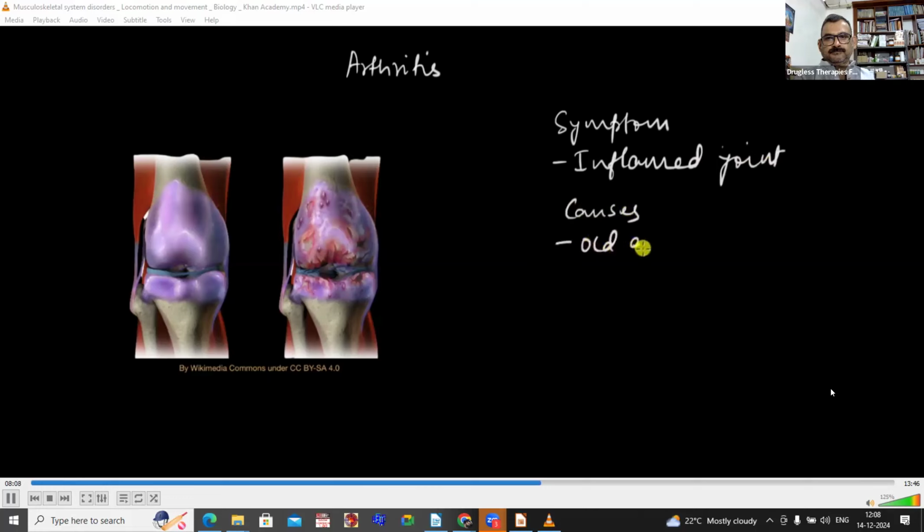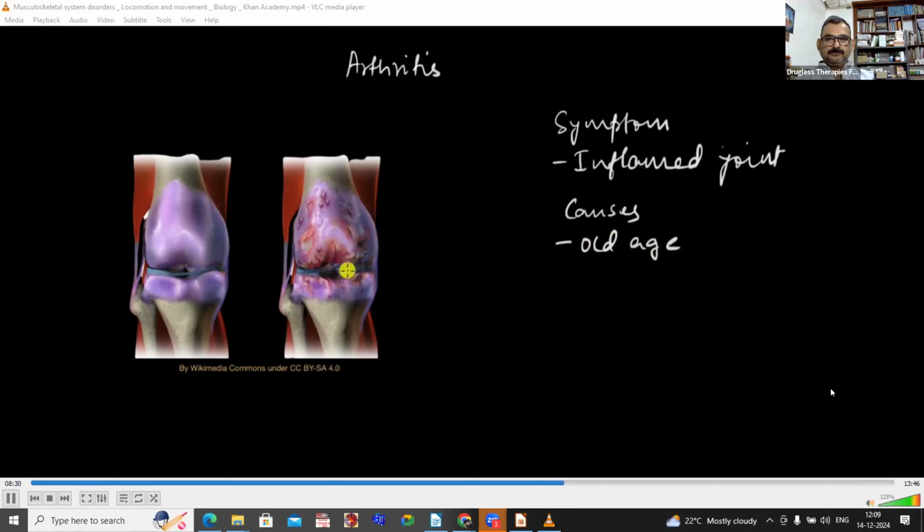Old age. What happens in old age is, because of wear and tear over a long period of time, you see this blue thing, this is the cartilage between the bones, and that gets worn out. See here, it's worn out, and that means the bones are constantly grating against each other and hence getting injured, hence the inflammation.